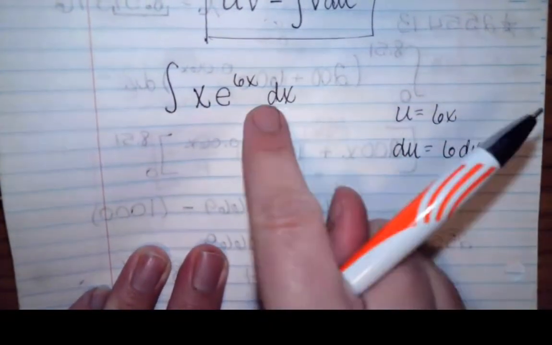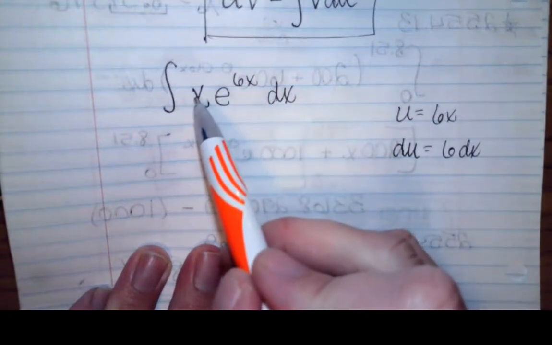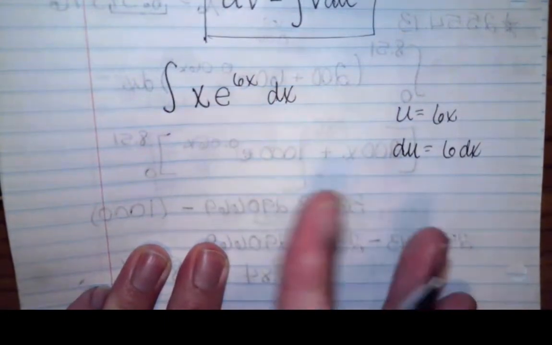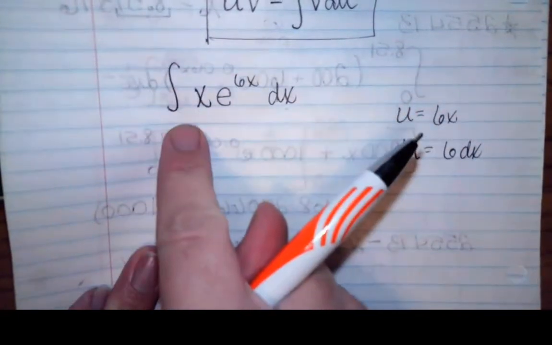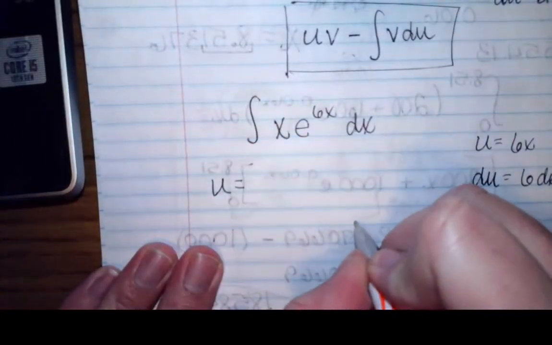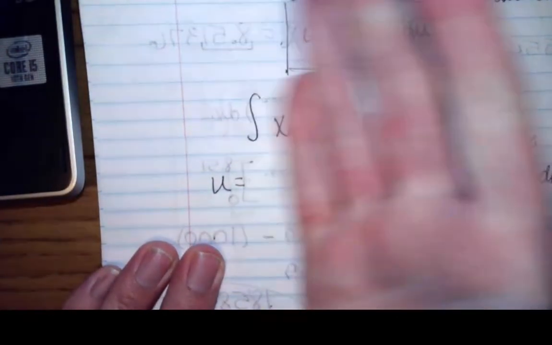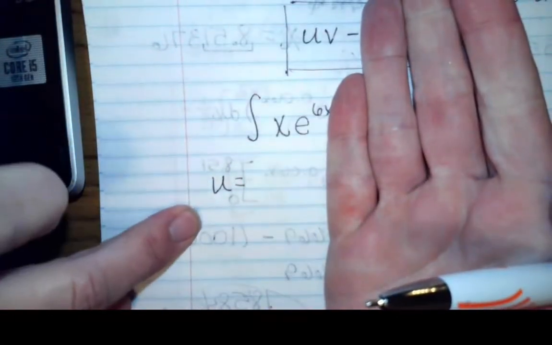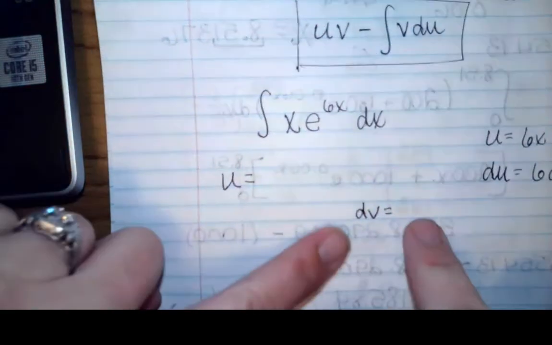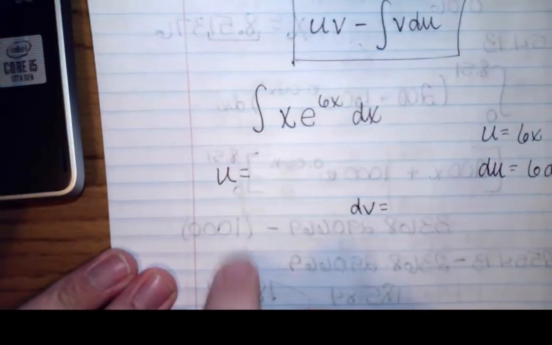When I set this up, this x is causing me all kinds of problems. So here's what you're going to do. From this setup, you're going to identify a u and a dv. What's going to happen is you're going to differentiate the u and you're going to integrate the dv. So this side needs to be differentiable.